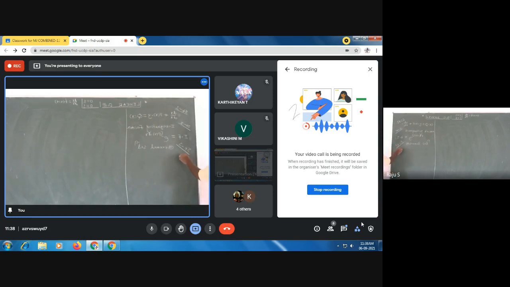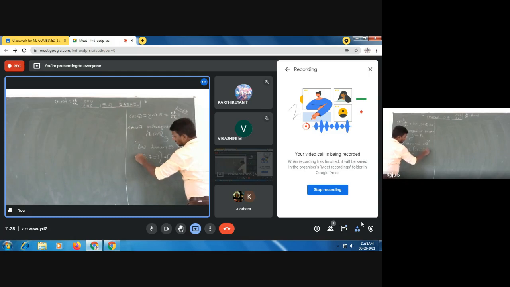The formula is, okay, what about this equation? Is it linear in y or linear in x? What is the numerator variable? Dependent y. So it is linear in y, so y into integrating factor is equal to integral of integrating factor into q of x dx plus c. That's it, only 3 steps.